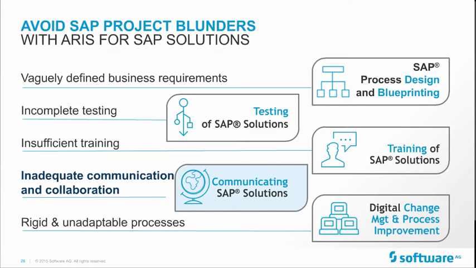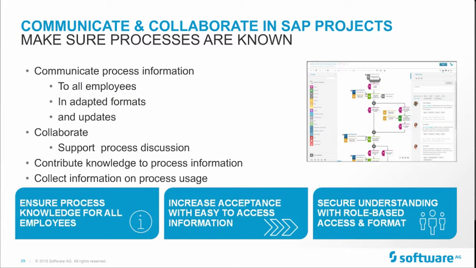So talking about information that goes in the same direction, as mentioned before, communication and collaboration are very important also in this area. And that's why I want to mention that it's not enough to train the processes, but you should make sure that these processes are available for everyone in the company, or at least everyone having to deal with these processes, so that they can see the process.